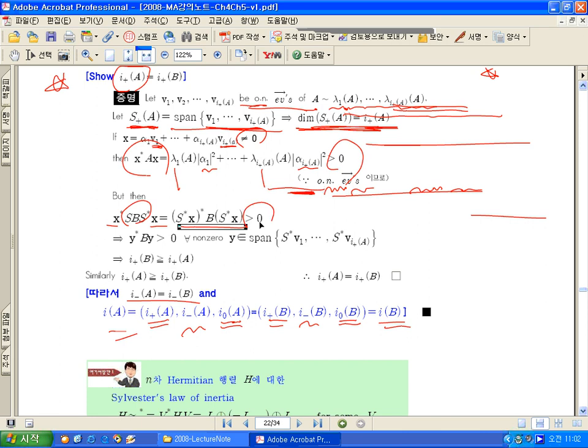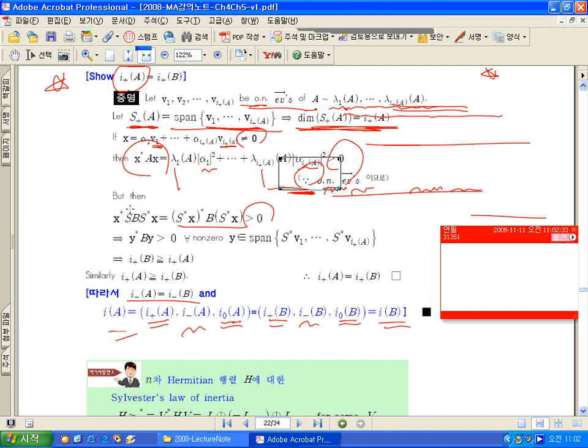This is positive because that was A. Let's write it: replace S star X with the vector Y. But this Y is in the span of those vectors, and this is true for all non-zero Y in this subspace.